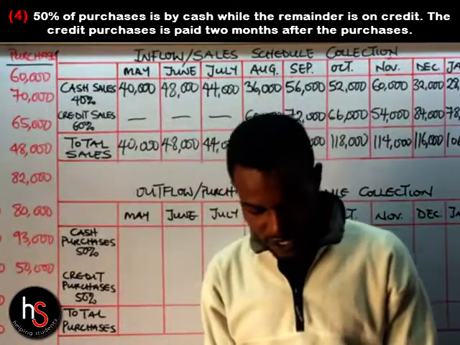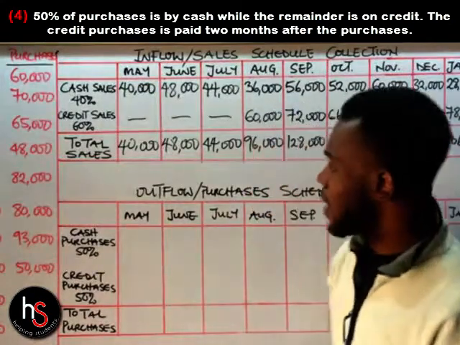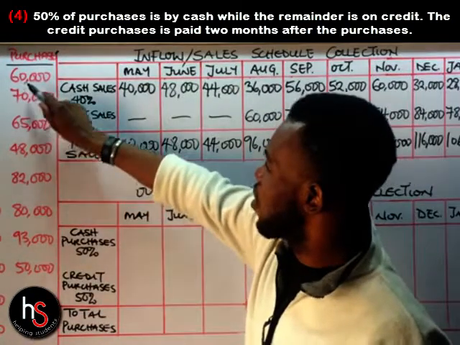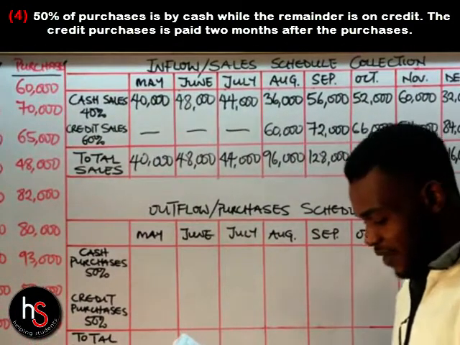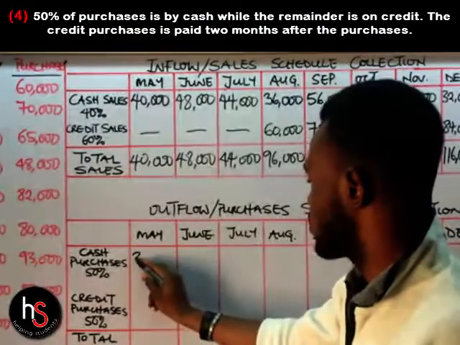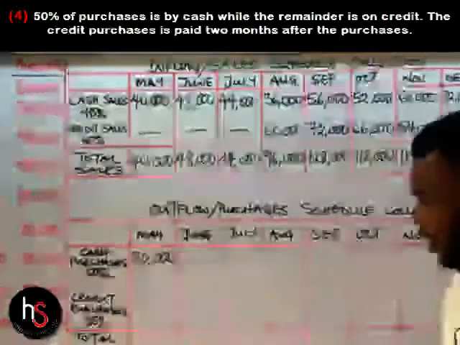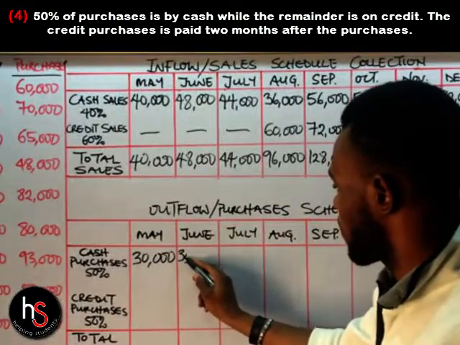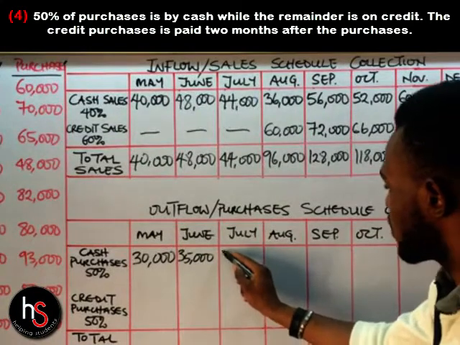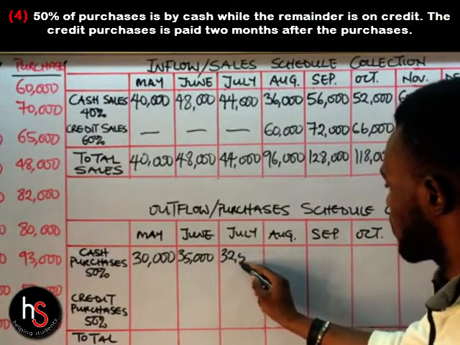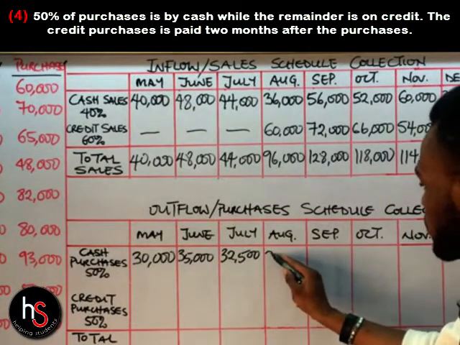So for the cash purchases, we have 50% of purchases by cash. So the 50% of 60,000, that gives us what? 30,000. So in May we have 30,000. In June we have 35,000. In July we have 32,500. In August we have 24,000.